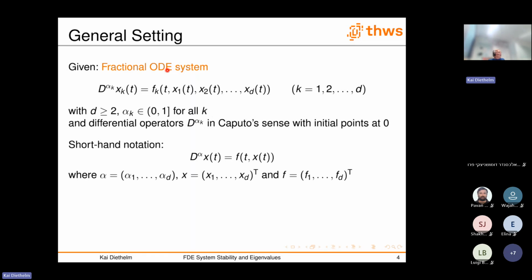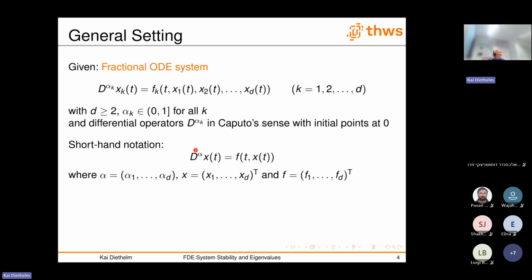So we will introduce a shorthand notation. So we write this whole system of d individual scalar equations here in this vector form, where x is now the vector of solution components, f is the vector function on the right-hand side, and alpha up here is not a number, it's a vector as well, or a multi-index if you prefer.